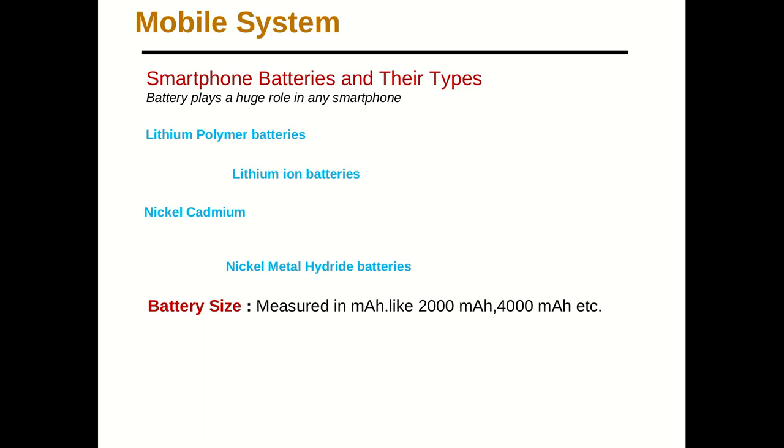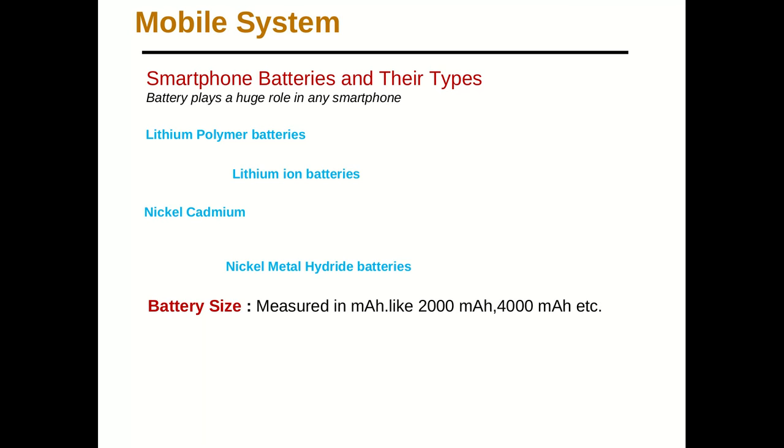These are a kind of upgrade to nickel cadmium batteries, and they boast the same size as the latter. The newer technologies are lithium polymer and lithium ion batteries. The last two, nickel cadmium and nickel metal hydride, are the older ones, which are rarely used in mobile phones.